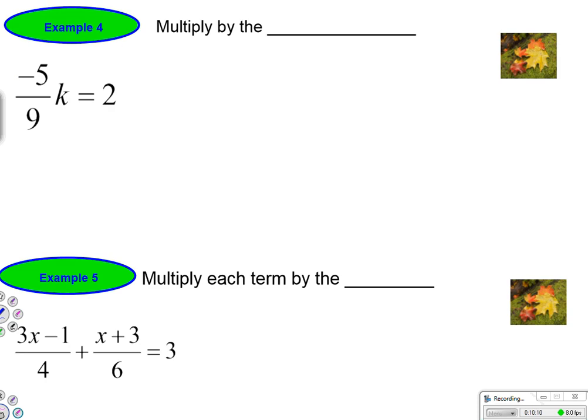Sometimes it's nice to multiply by the reciprocal. So that would be like if I have 5, I'll multiply it by 1/5, right? And that'll give me 1. That's that multiplicative inverse property. No, multiplicative identity.